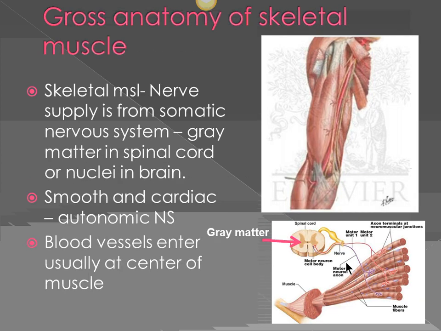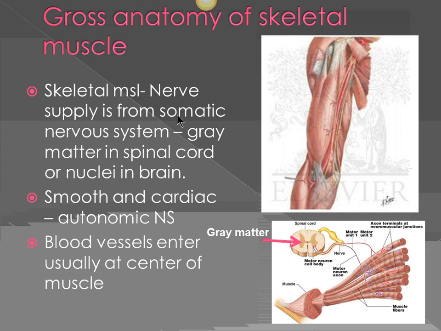Now let's look here in this lecture. Most of what we are going to talk about is skeletal muscle. So from here on, all I'm talking about really is skeletal. If I talk about smooth or cardiac, I'll let you know. When you look at the gross anatomy of skeletal muscle, as I said earlier, its nerve supply is from the somatic nervous system, which is the voluntary nervous system.